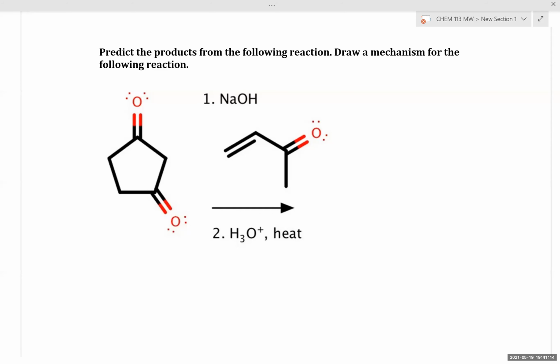What will happen if we have this acidic 1,3 diketone and we're reacting it with a base? What's the first step that's going to happen? How are we going to generate our nucleophile?